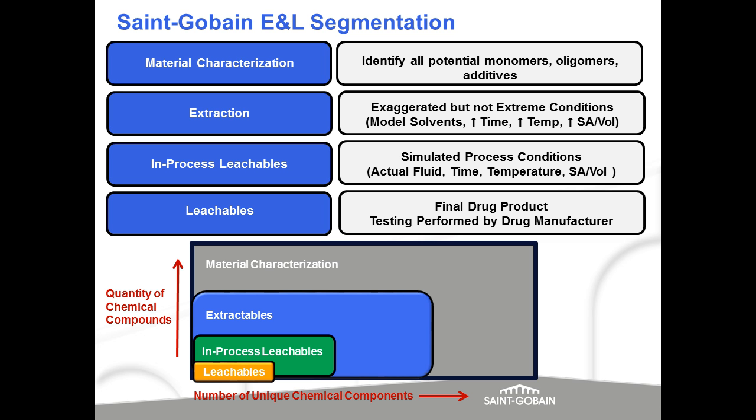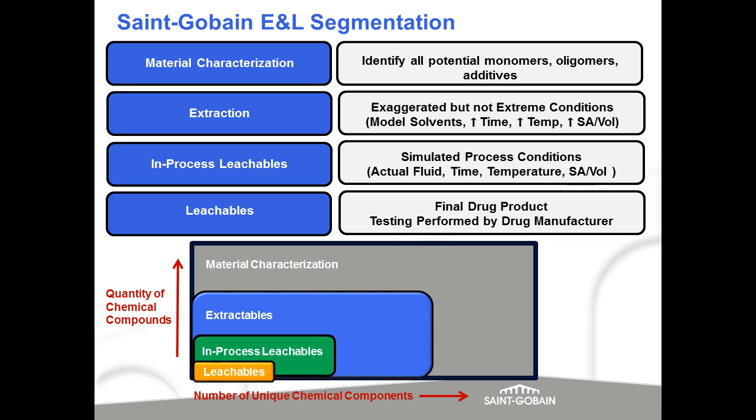So this is more like a bracketed leachable study. It's to provide end users with more information to do their risk analysis, but it's still not the final leachable testing. And so in our segmentation, the leachable testing is done with the final drug product and is performed by the drug manufacturer.